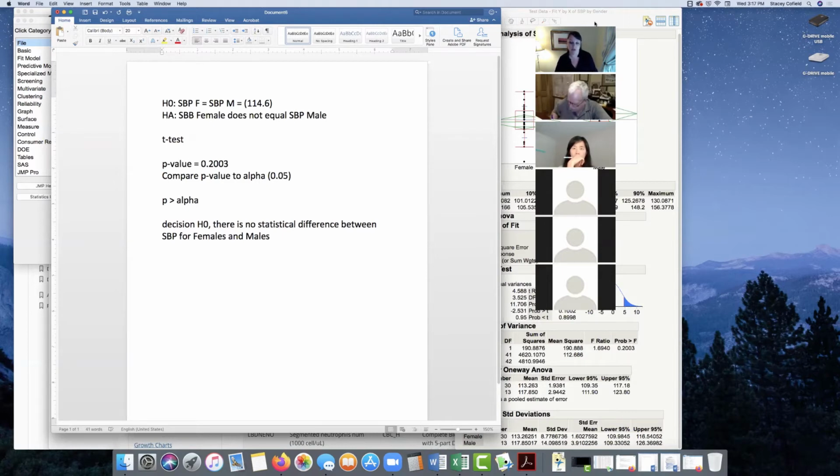That's our alpha level. And somebody asked Fisher how frequently he would be okay making that wrong decision, saying in this case that men and women have different blood pressures when in truth they really don't. And he said about 1 out of 20. And that's 0.05.